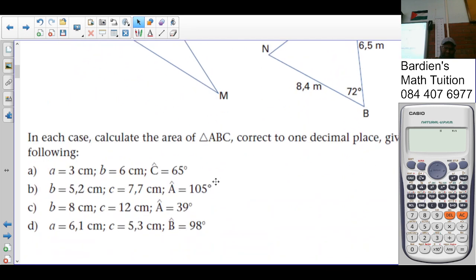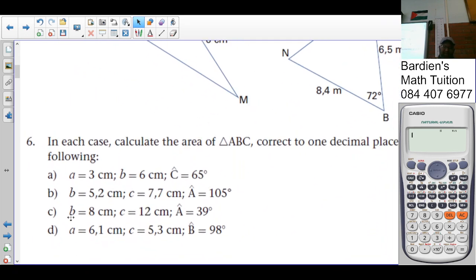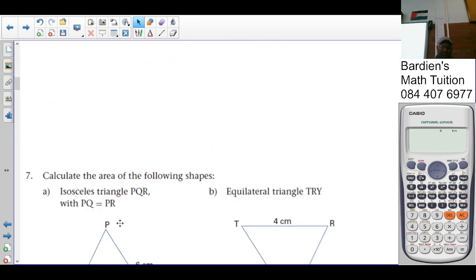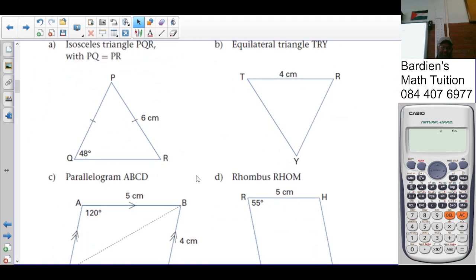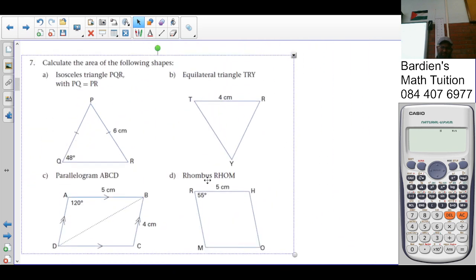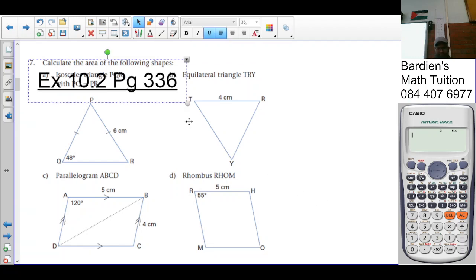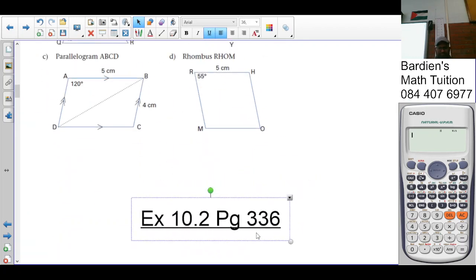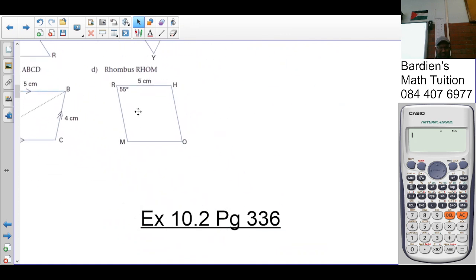No. So for homework is number 6, A and C. Number 7, any issues here? Number 7D.